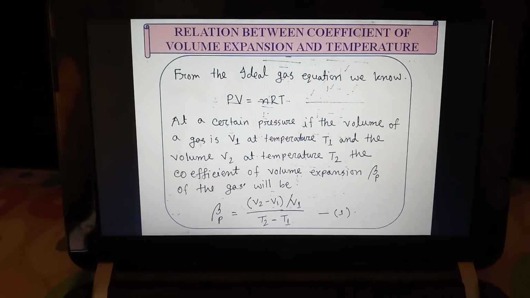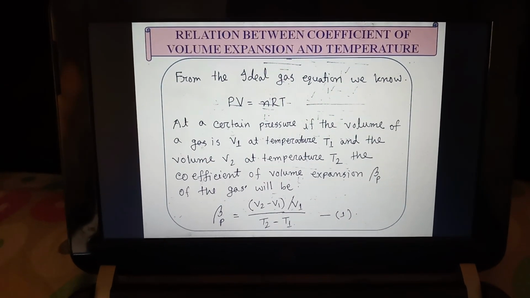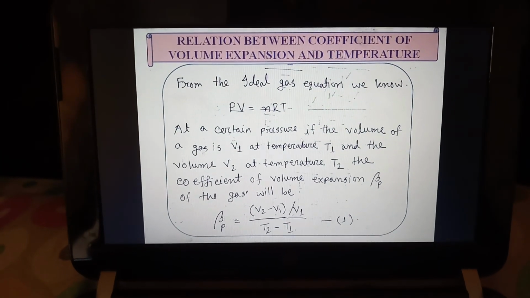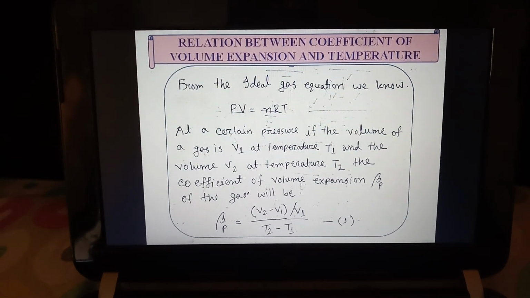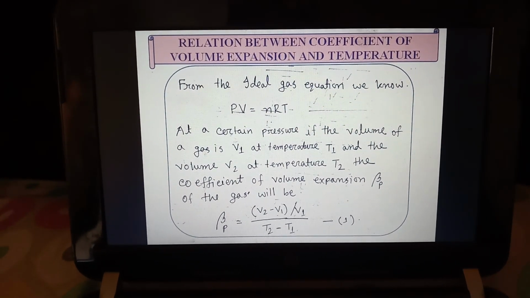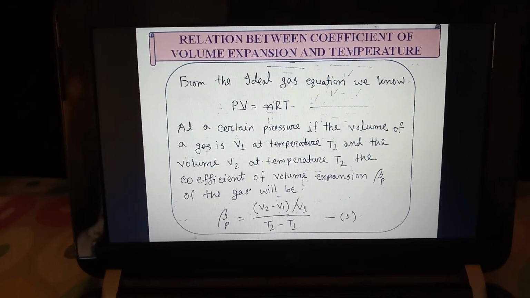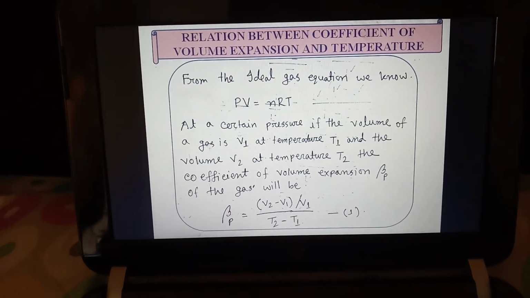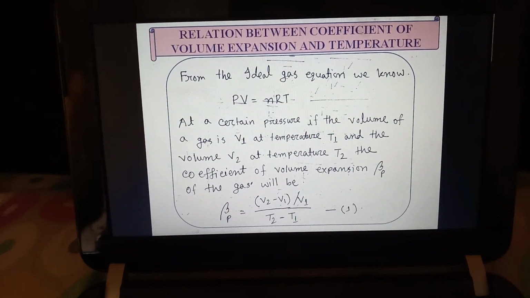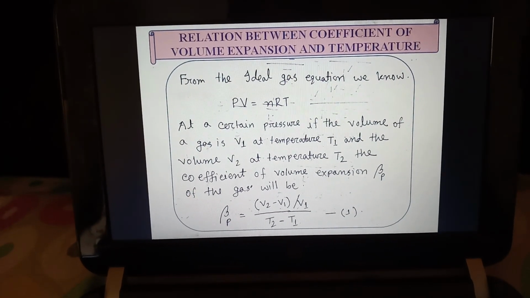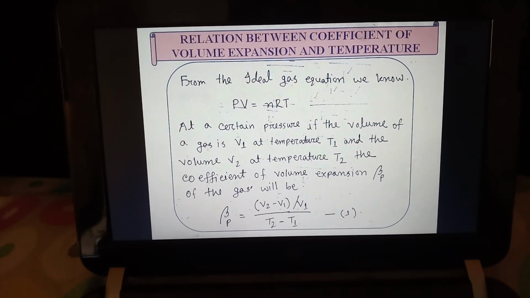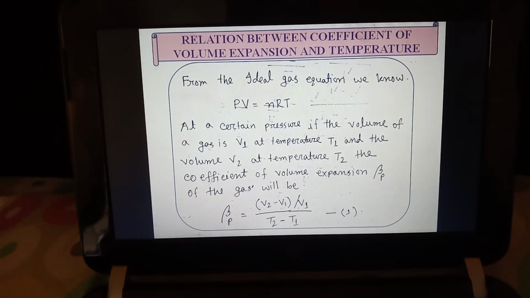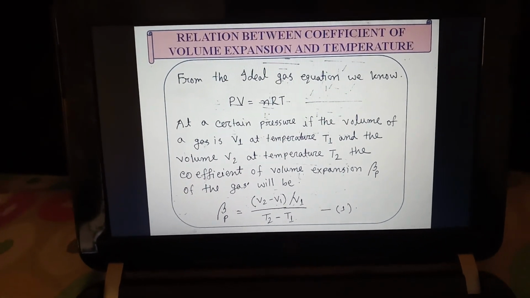At a certain temperature, if the volume of a gas is V1 at temperature T1 and the volume is V2 at temperature T2, the coefficient of volume expansion beta P of the gas is beta P equal to (V2 minus V1) divided by V1, whole divided by (T2 minus T1).